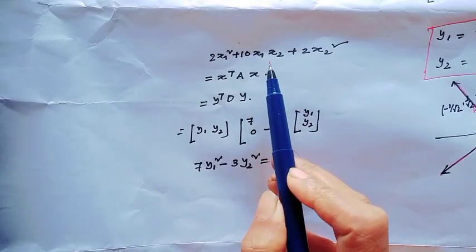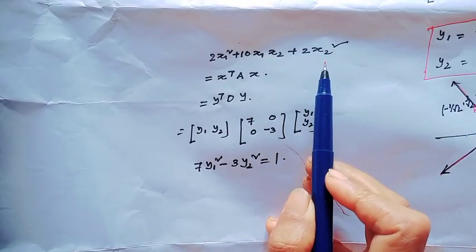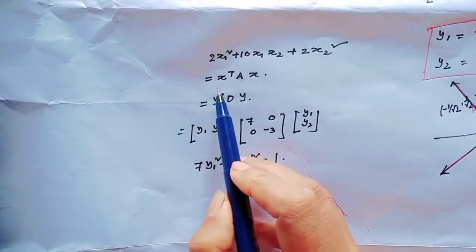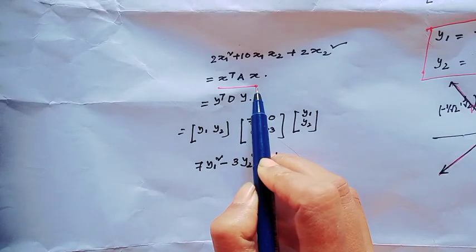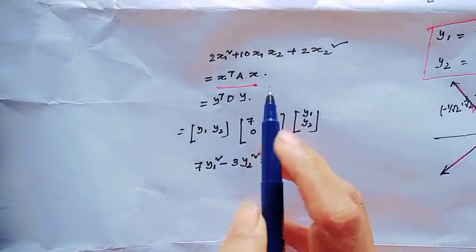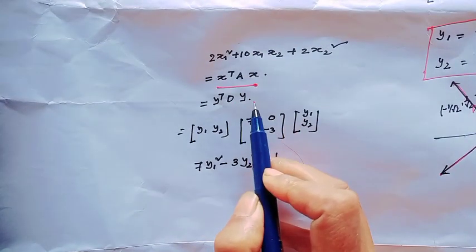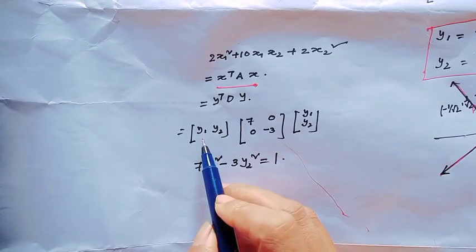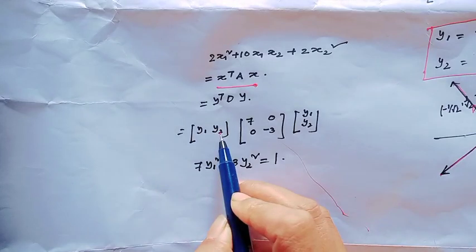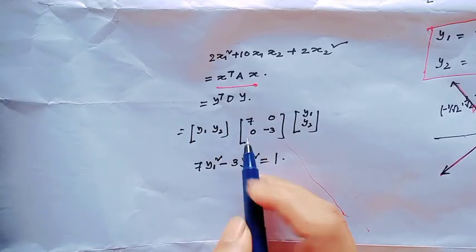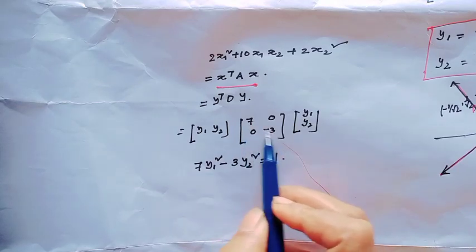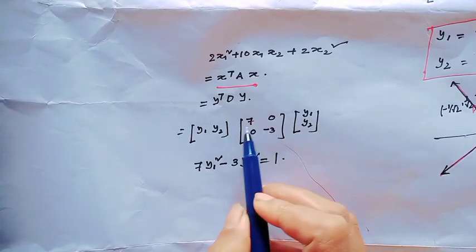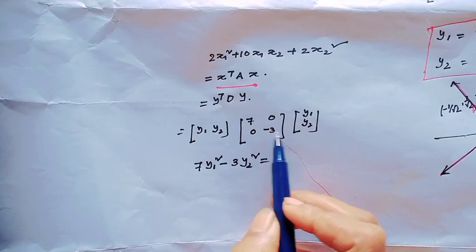That means 2x1 square plus 10x1x2 plus 2x2 square, we can write this as x transpose ax, and this reduces to y transpose dy, where y means obviously the vector y1, y2, y transpose its transpose, and D means the diagonal matrix of 7 and minus 3, the eigenvalues of this matrix.